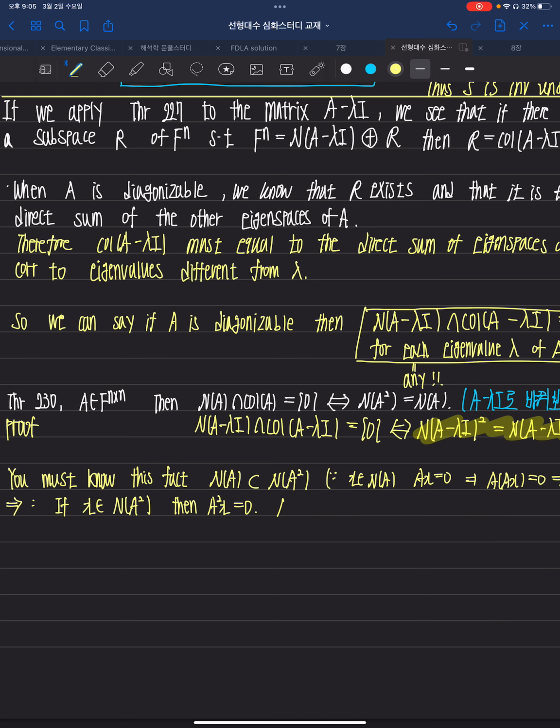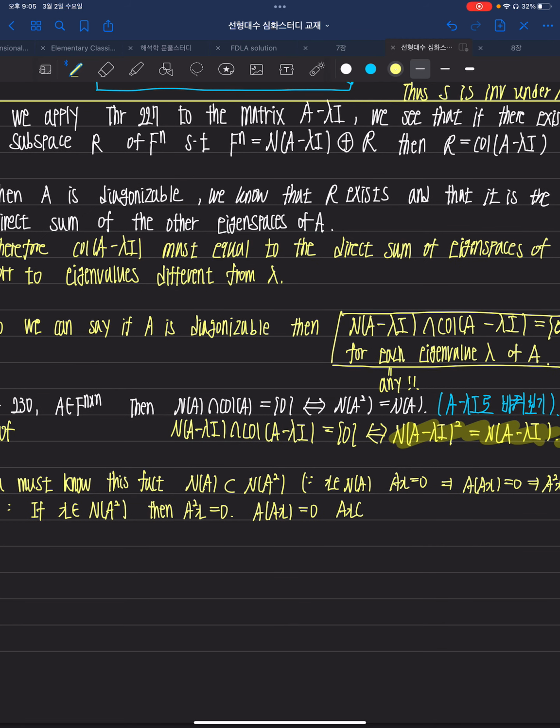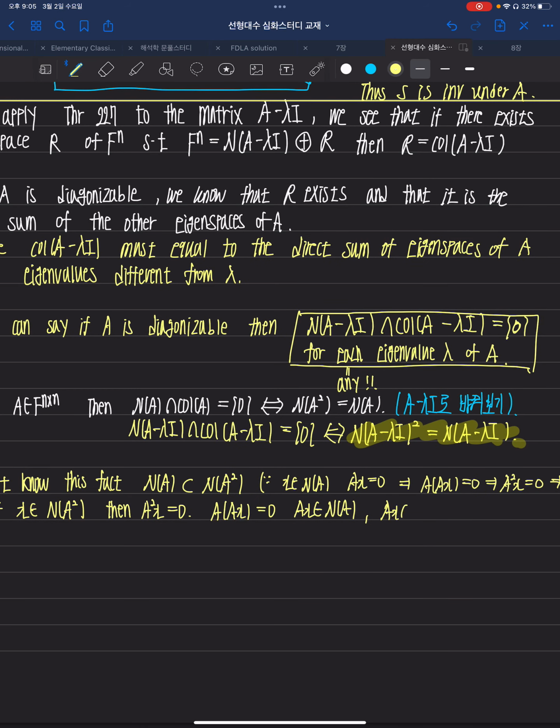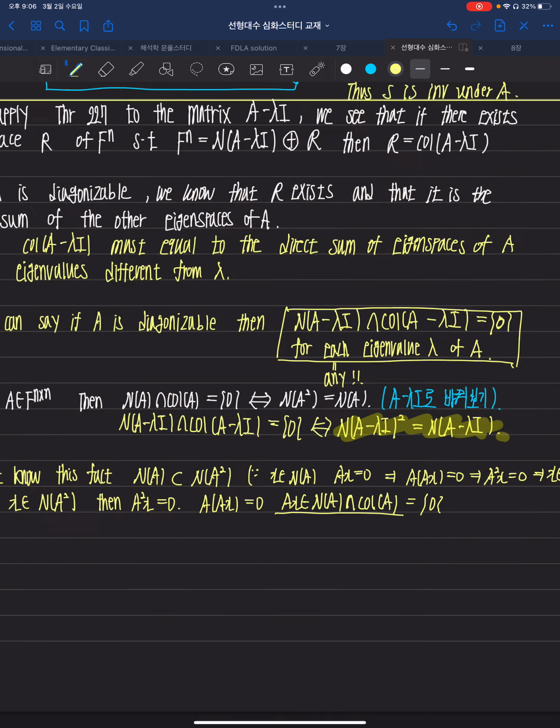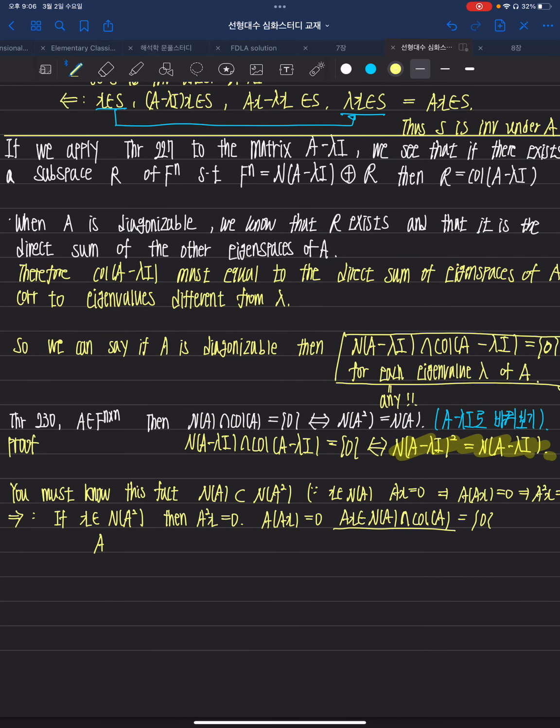That means AX is an element of the null space of A, and you know that AX is an element of the column space of A. This is the definition of column space of A. So by the assumption AX must be 0, which means X is an element of the null space of A.